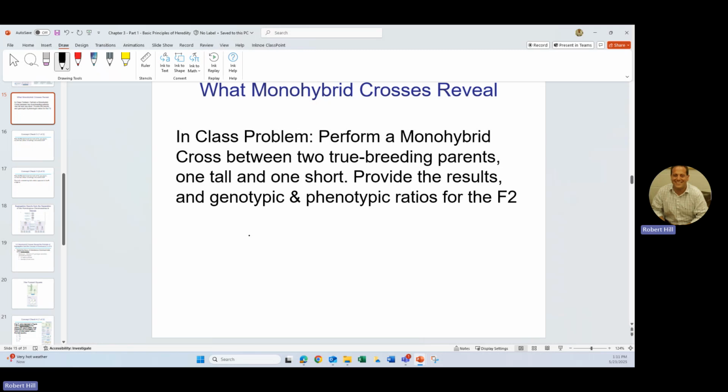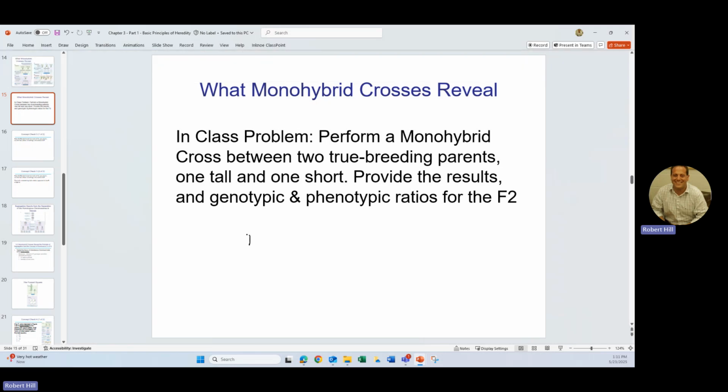Perform a monohybrid cross between two true breeding plants, one tall and one short. So that means we're going to cross big T versus little t, right? So this is the parental generation. We're doing a homozygous dominant versus a homozygous recessive.